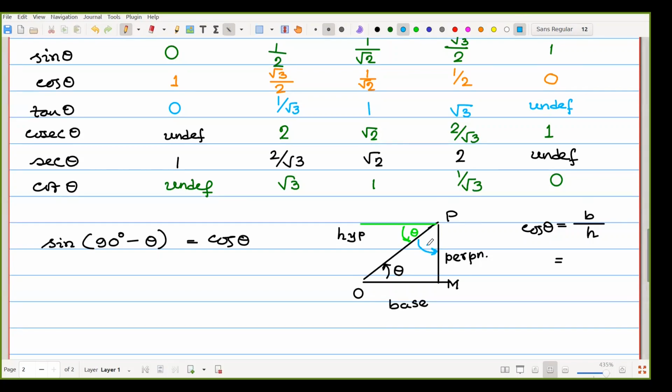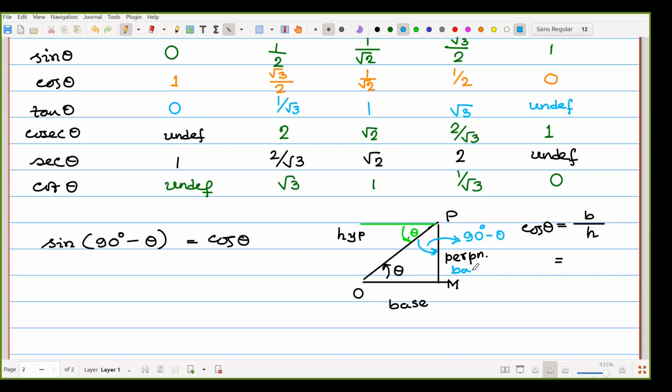Now suppose another angle we are using, suppose that one. Now look at that particular angle, that is 90 degree minus theta, because that green color and black color give us a complete 90 degree. Now from that 90 degree, we have subtracted the angle theta, that is in the green color. So the blue color must be 90 degree minus theta. Now, according to that angle, which one is base?